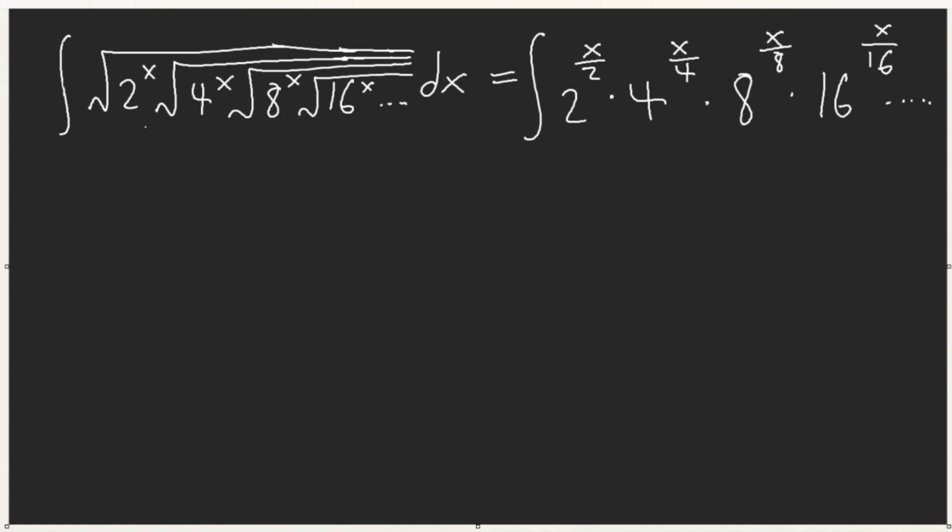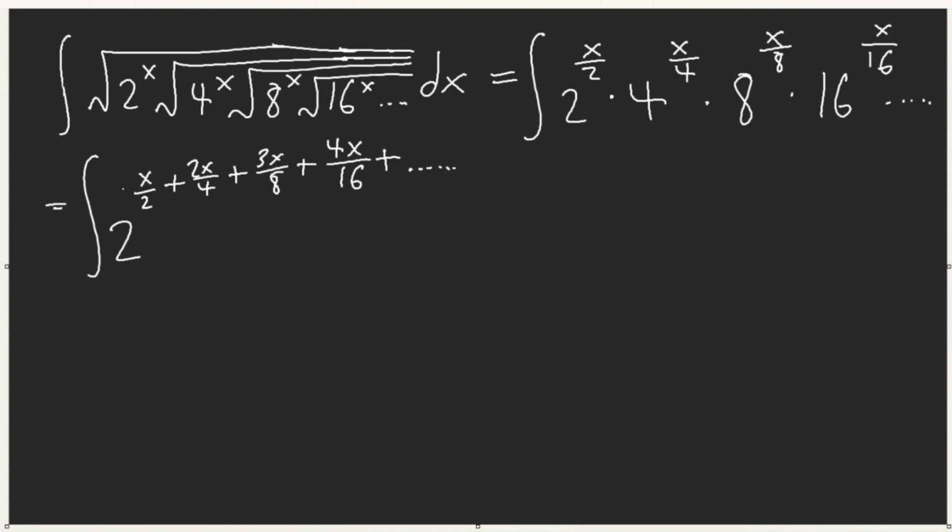But then we can actually simplify this a lot further, right? 4 is equal to 2 to the power of 2. So I'm not going to simplify it. I'm going to leave it like this, and you'll see why. 8 is equal to 2 cubed, so that's 3x over 8. 16 is equal to 2 to the power of 4, so 4x over 16.